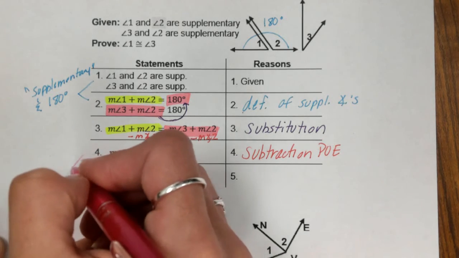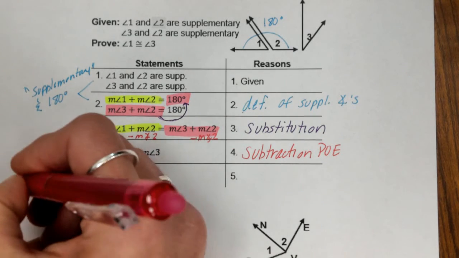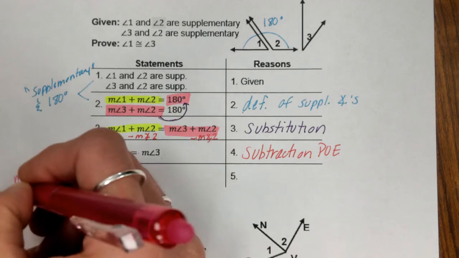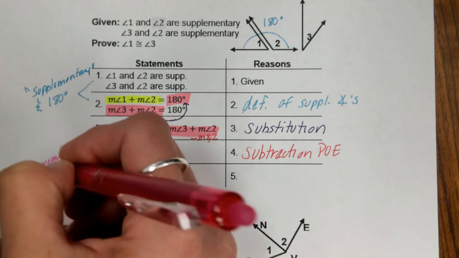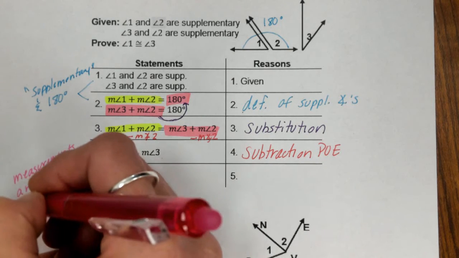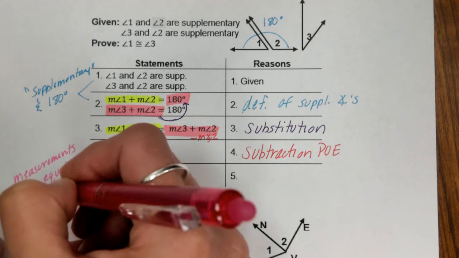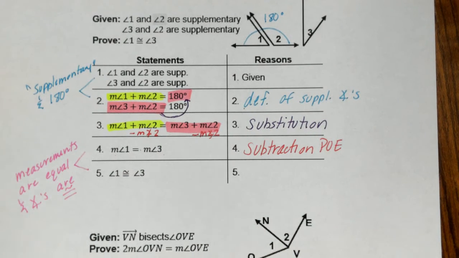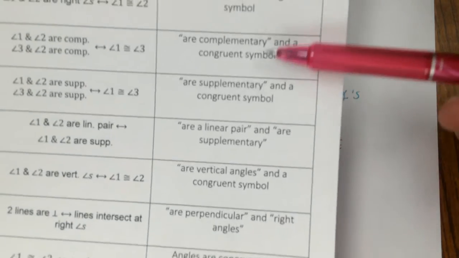So what we're seeing here is we're going to write it down: measurements are equal, and angles are congruent. So these are the things we're going to look for on our little cheat sheet. So we'll bring our little cheat sheet back out, and now we're going to see something here.